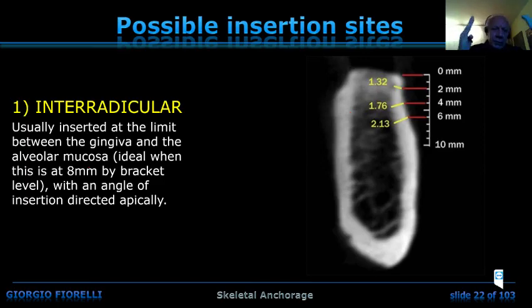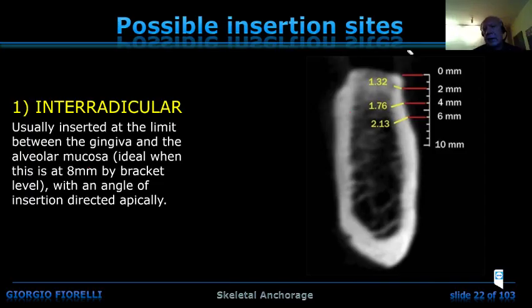For this reason, a lot of people have moved the use of TADs from an interradicular position to other positions where they might find thicker bone. So I don't blame them for behaving differently than what I do, but I will show you that I have other reasons for keeping working with the TADs placed between the roots.